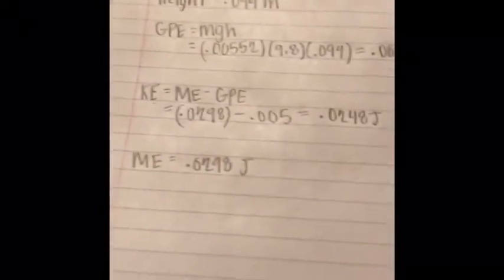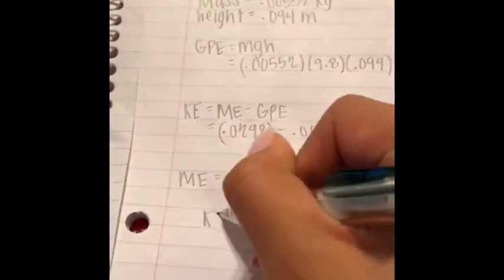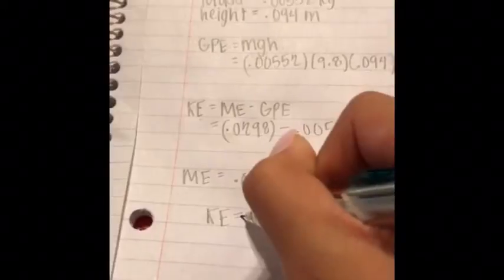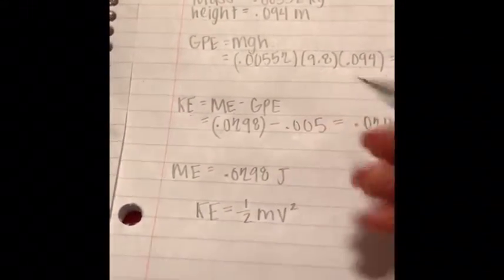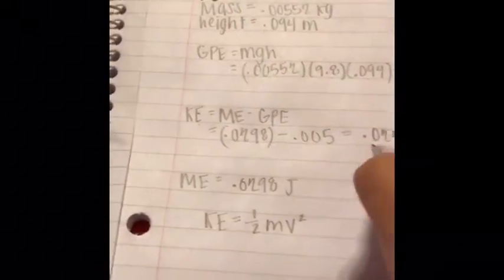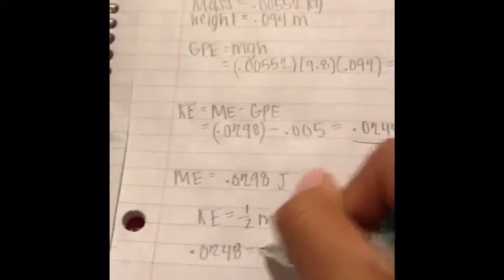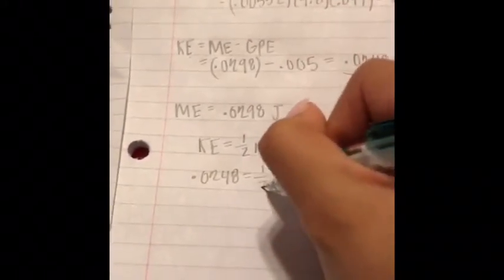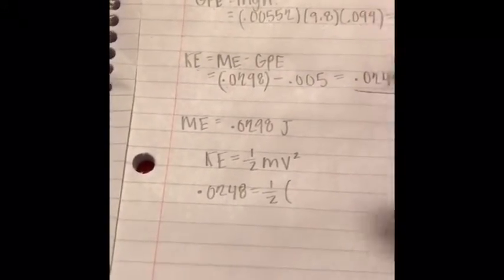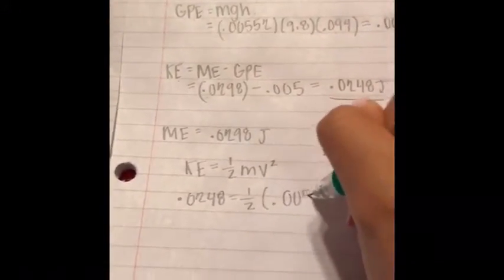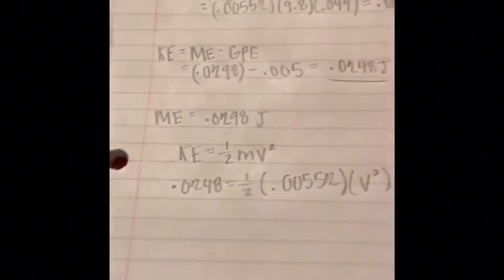And then to find the speed of the cart, which is the velocity, you would then use the equation kinetic energy equals 1/2 times the mass times velocity squared. Since you have the kinetic energy, you would use 0.0248 equals 1/2 times the mass of the marble, which would be 0.00552, and then velocity, which is what you're finding.